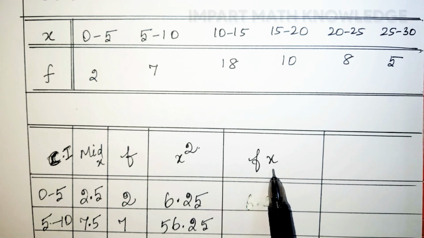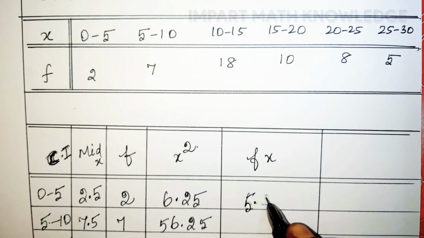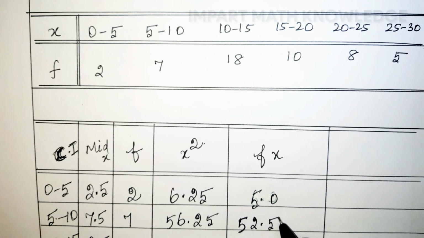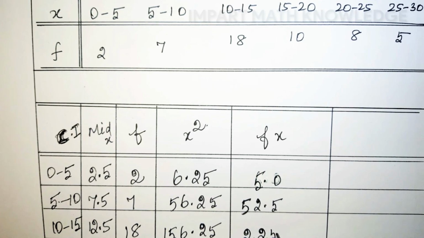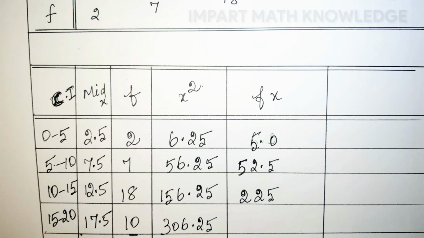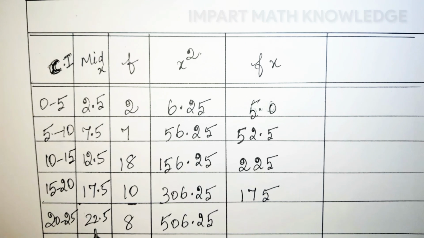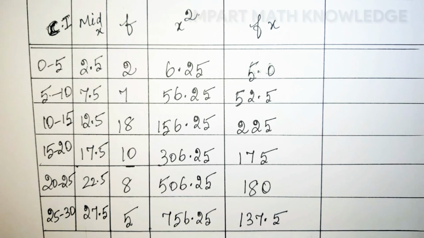Now multiply frequency with x. 2 into 2.5 is 5. 7 into 7.5 is 52.5. 18 into 12.5 is 225. 10 into 17.5 is 175. 8 into 22.5 is 180. 5 into 27.5 is 137.5.